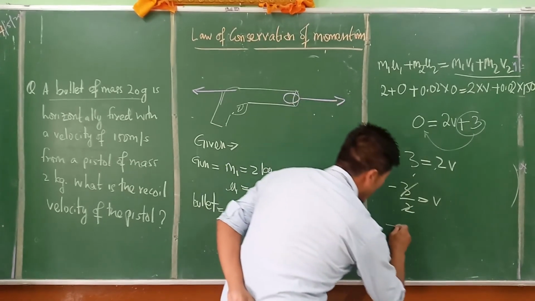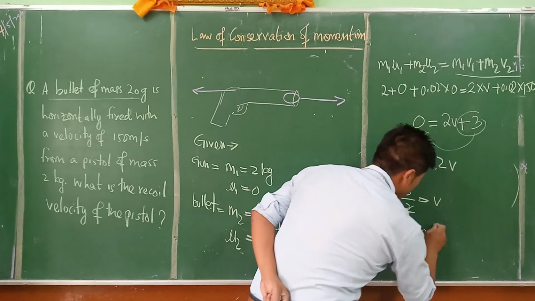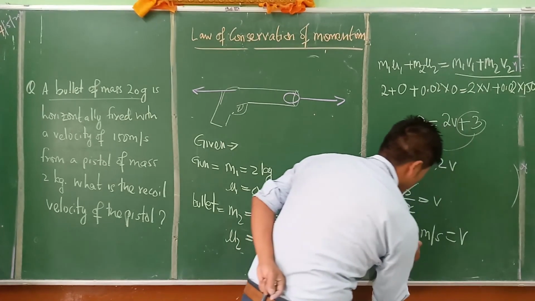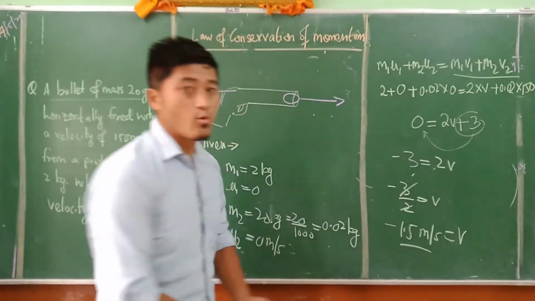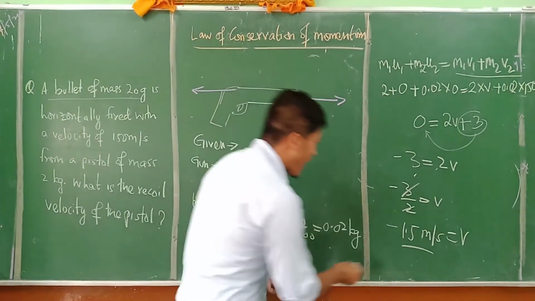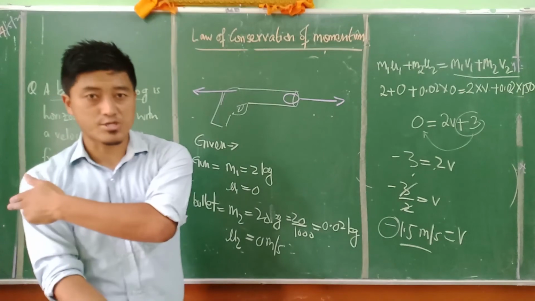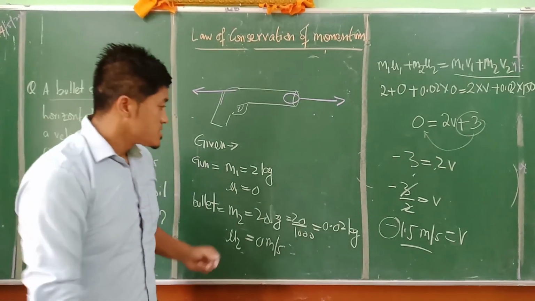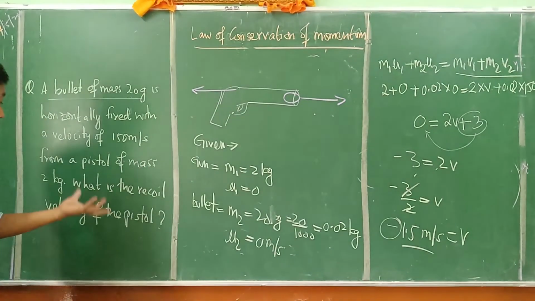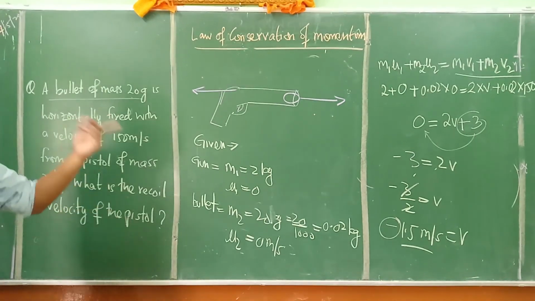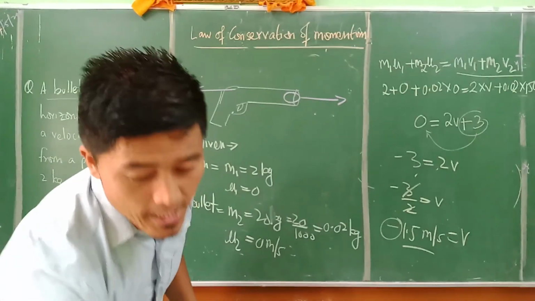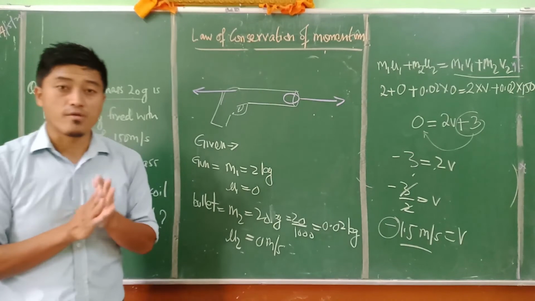Minus 1.5 meters per second is v. This is the required velocity. The minus is because the velocity is in the opposite direction. This is how we find the required velocity using the law of conservation of momentum. I hope every one of you has understood very well.